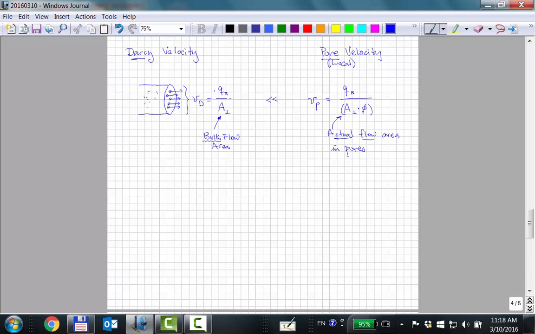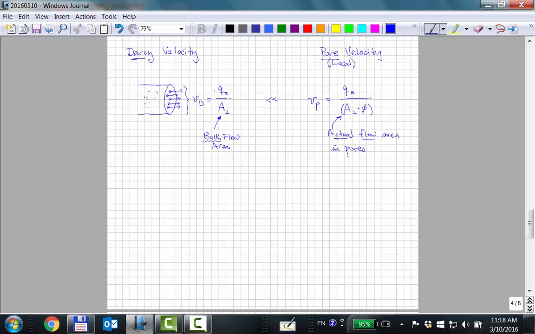In the case of our well, it was 2 pi RH. But that's not the area where fluid is actually flowing, because there's the rock where there is no fluid flowing, and then there's the pores.